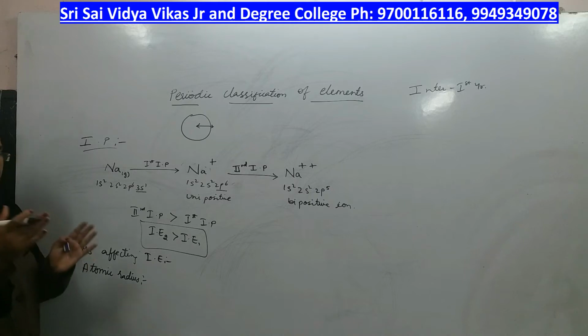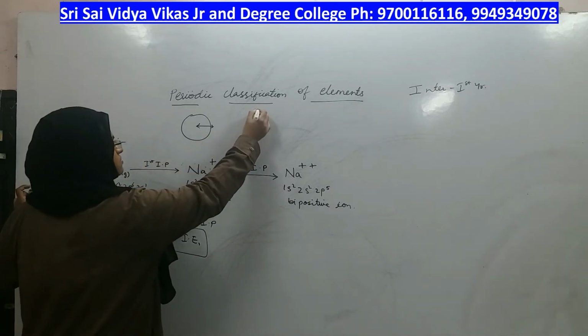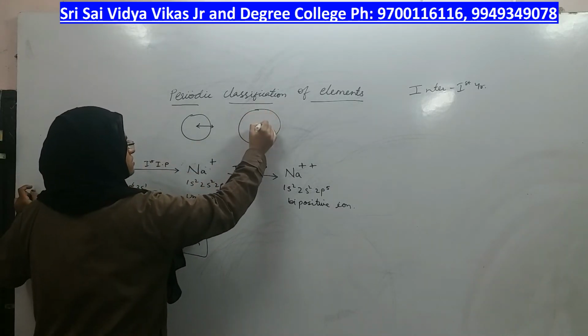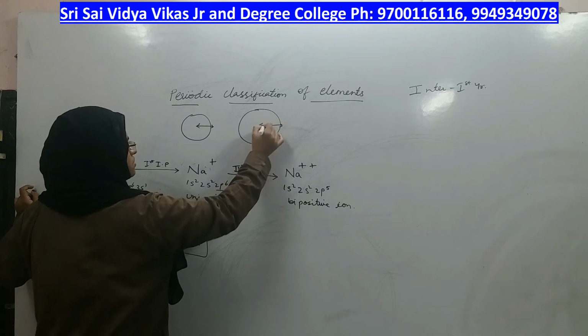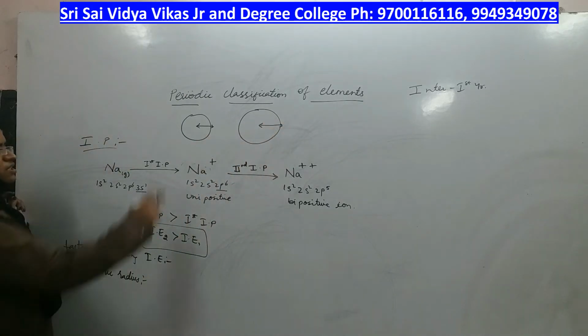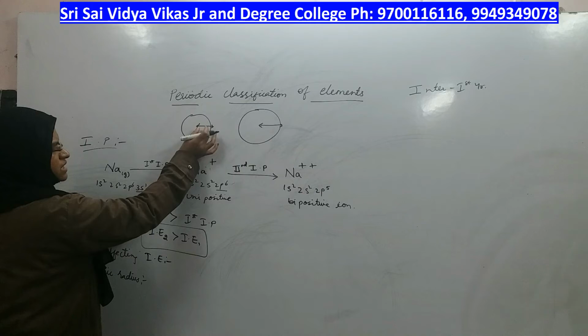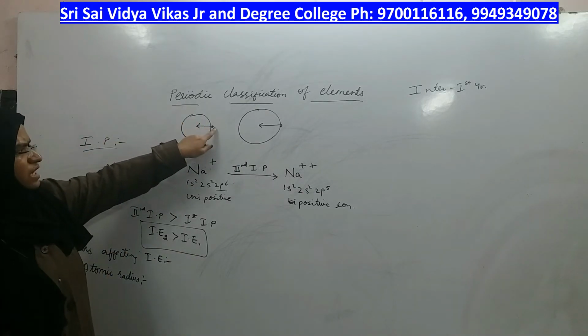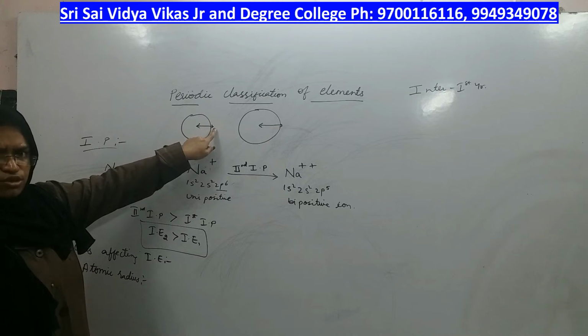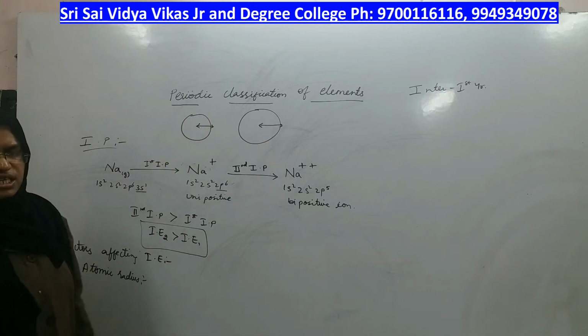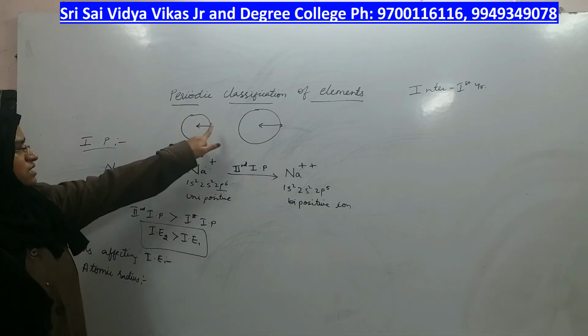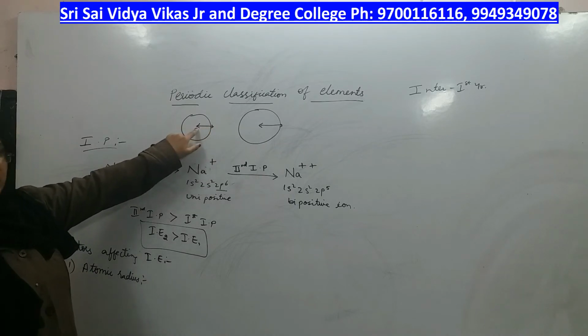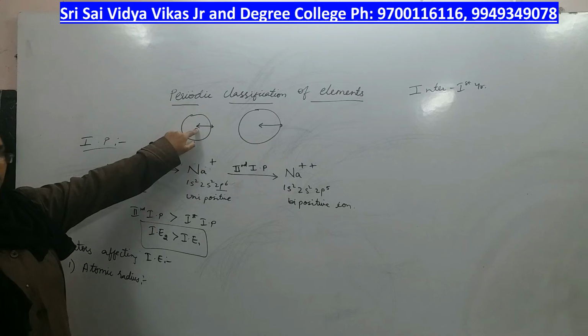But if the atomic radius is less, suppose I have taken two atoms, in the first case the atomic radius is less, right? So the distance between the nucleus and the last electron which you want to remove is very small. If that distance is very small, the last electron or the valence electron is under high electrostatic attraction of the nucleus. You cannot remove that electron very easily.